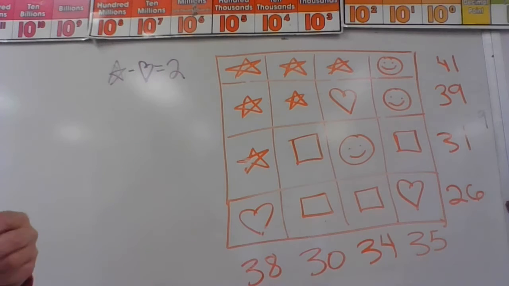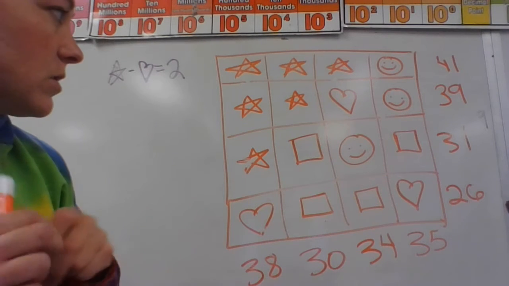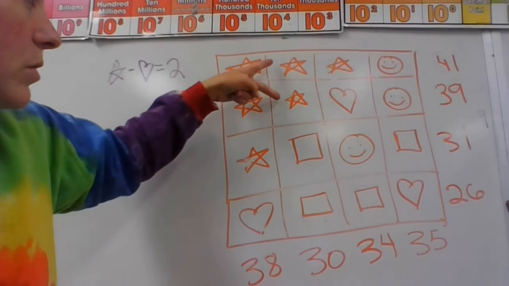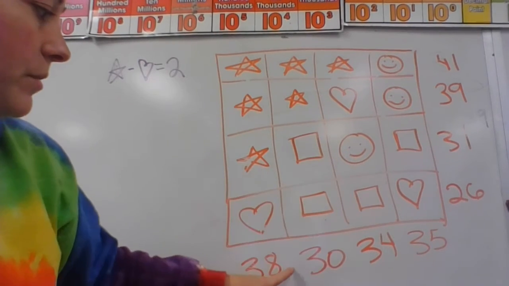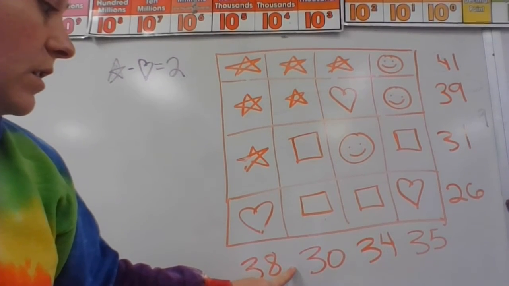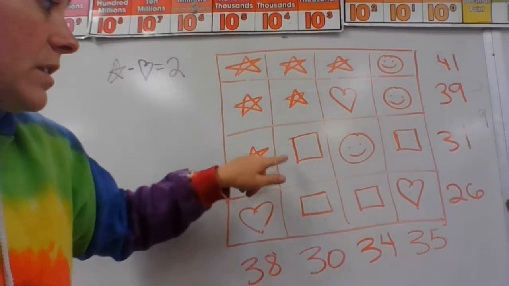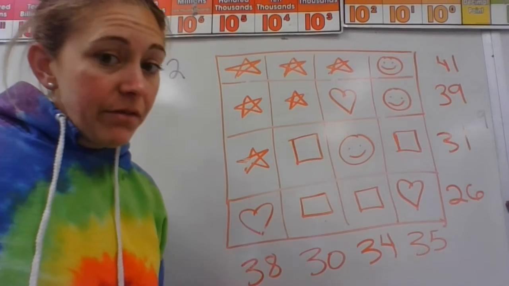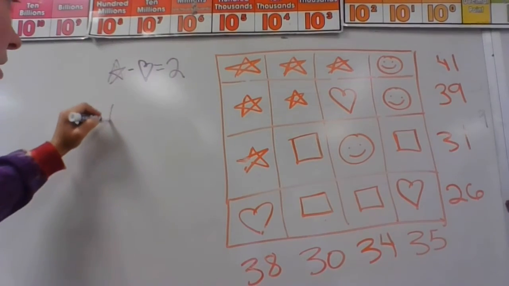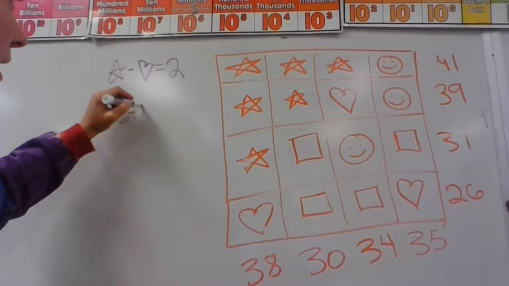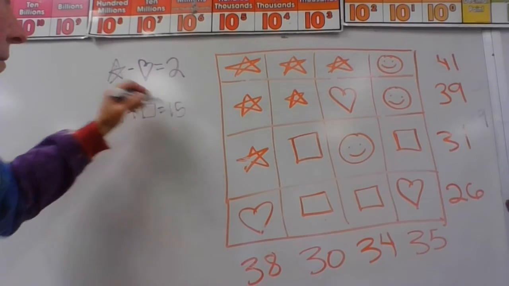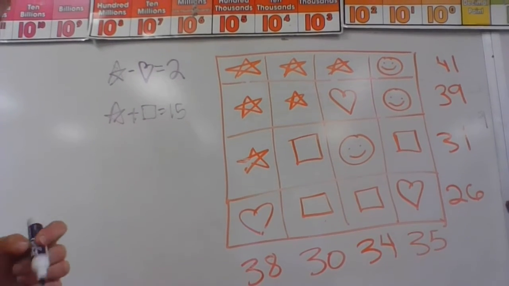Okay, so then let's look at more of what we've got. Here I'm seeing 2 stars and 2 squares add up to 30. So I can assume that 1 star plus 1 square equals 15. Just divide it by 2.